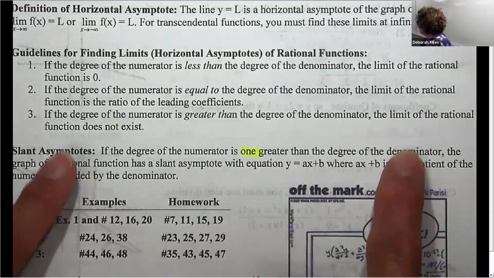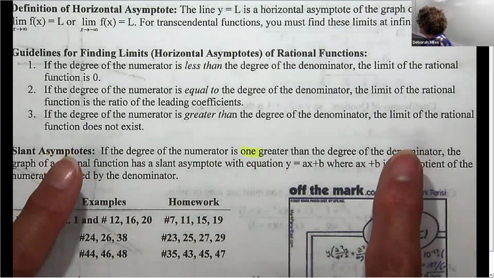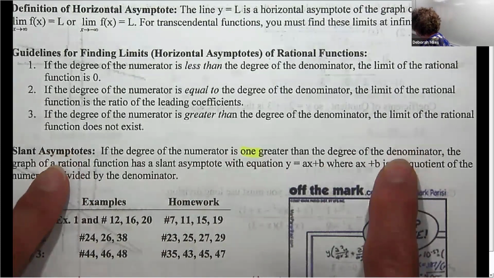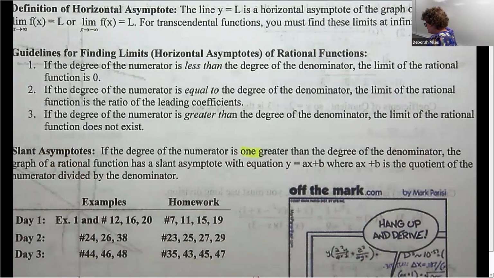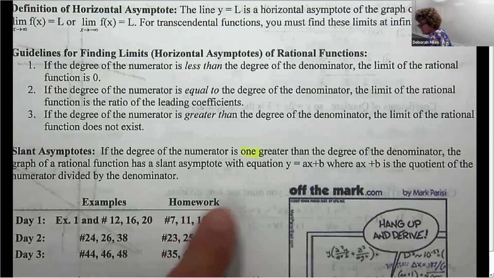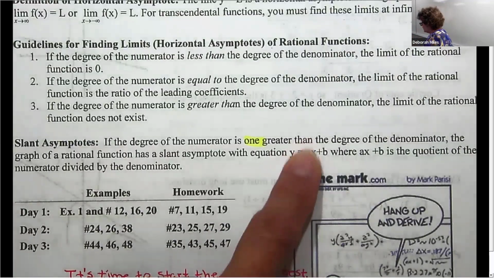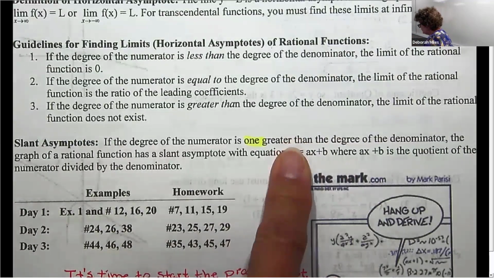And to find the equation of the slant asymptote, you divide the denominator into the numerator. You're dividing, say, an x cubed something into an x to the 4th something. You always get a linear quotient because you're dividing one higher power by one lower power. That linear quotient is the equation of the slant asymptote.